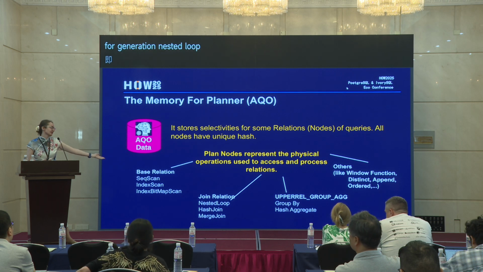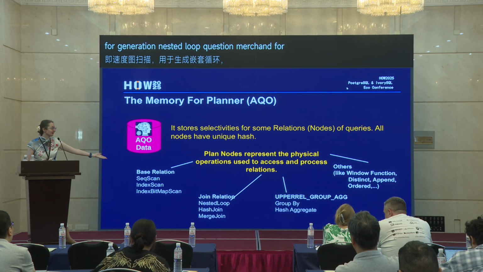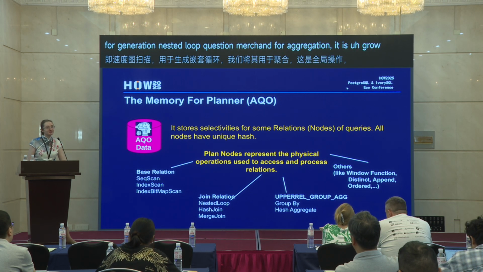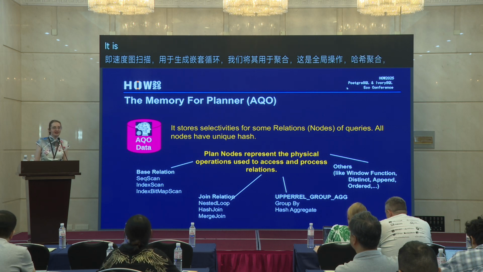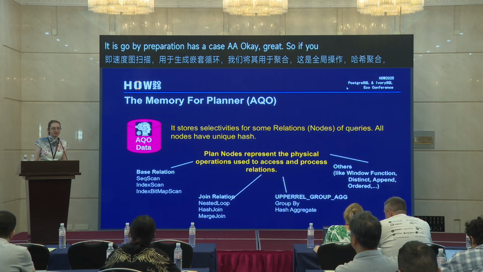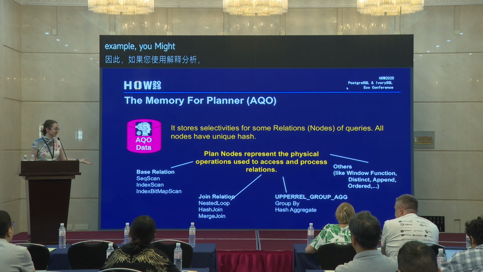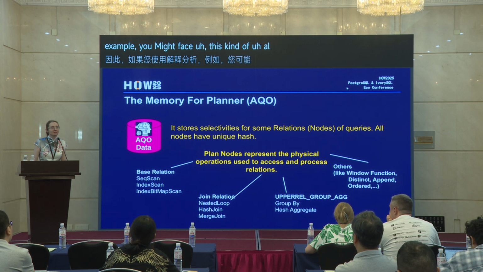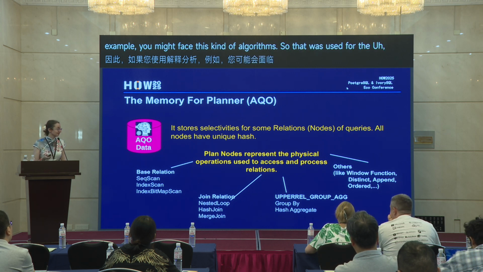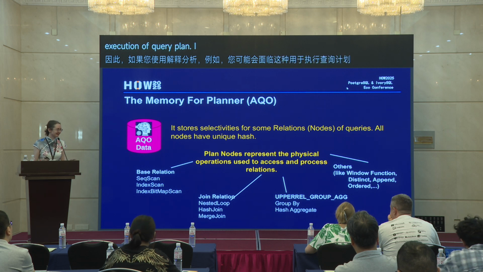For aggregation, it is group by operation, hash aggregate. So if you used EXPLAIN ANALYZE, for example, you might face this kind of algorithms that were used for the execution of the query plan. So I think we understood this part.